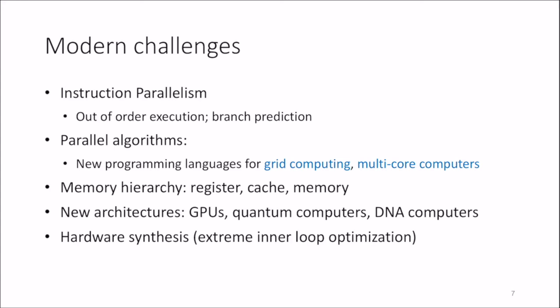So for example, if you had a function that does matrix multiplication, what if you could generate hardware based on the analysis of that function? It's an extreme form of optimization where you're actually creating a hardware representation of a particular function in a high level programming language. This can be done by using FPGAs and technology like that. And this is one of the cutting edges of compilers nowadays.